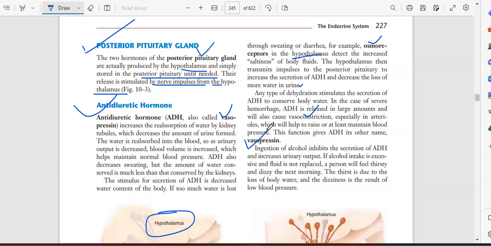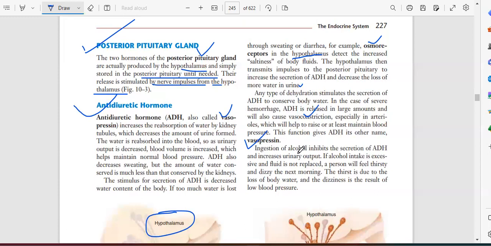So what will the posterior pituitary gland do? It will release ADH into the body. The other name of ADH is vasopressin. Why? Because it will do vasoconstriction. It will constrict the blood vessels, so body blood pressure is maintained. So this is very, very important.